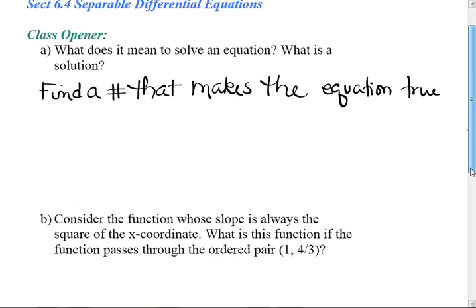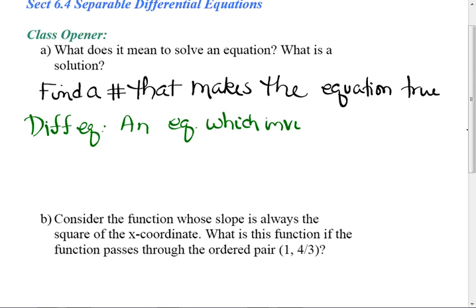Okay. What is a differential equation? Remember, this is a test question. Okay, a differential equation is an equation. This is a test question. It's worth 2 points. It's an equation which involves derivatives, and when you solve it, what are you solving for?